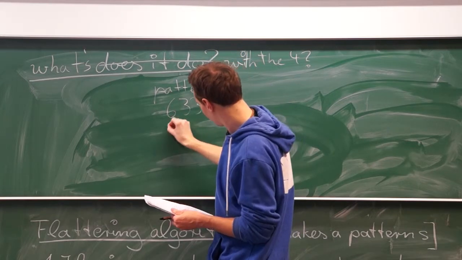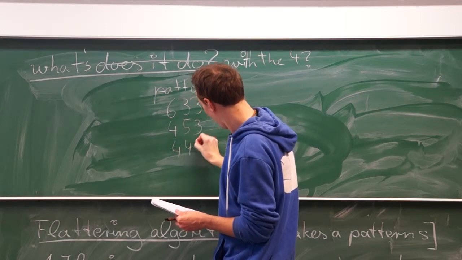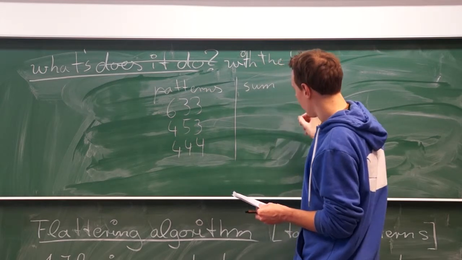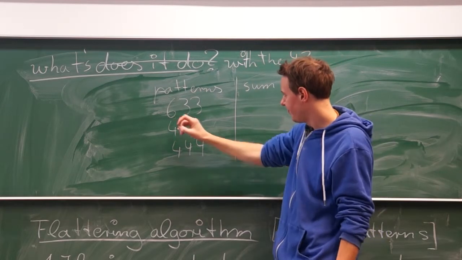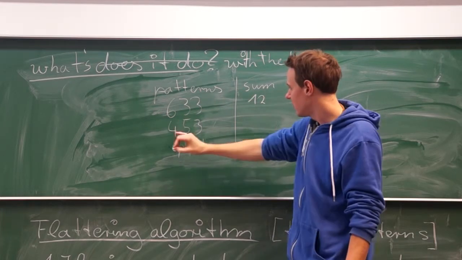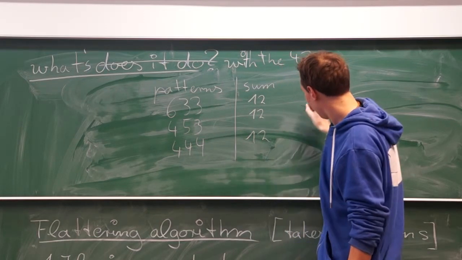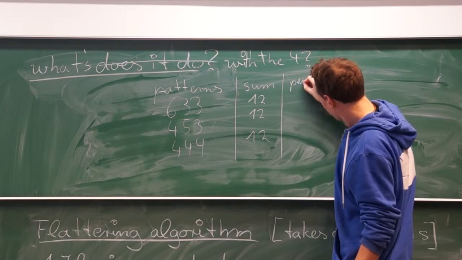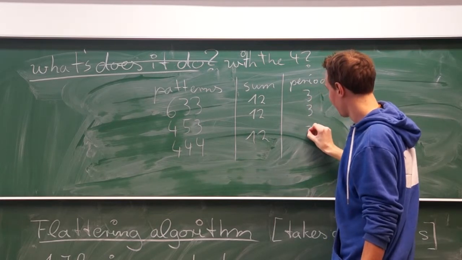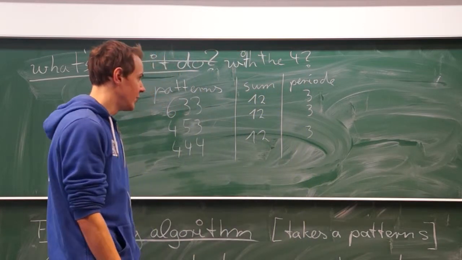Then we came to something like this, and we also had this one. And I want to look at the sum. So the sum here is 6 plus 3 plus 3 is 12. Here it's 4 plus 5 plus 3, it's still 12. And here it's 12 again. And the period is also 3 all the time. Okay? And our result was 4.